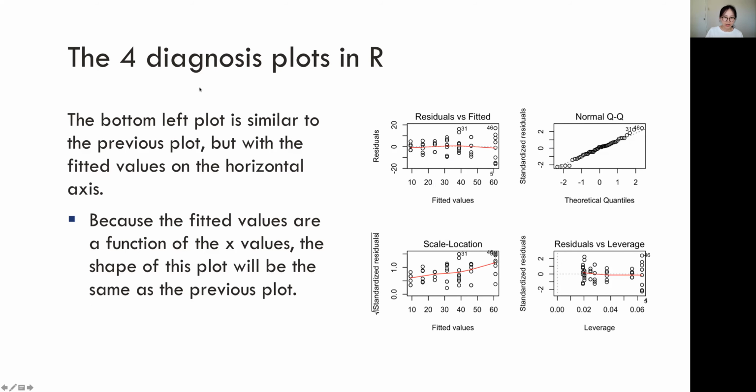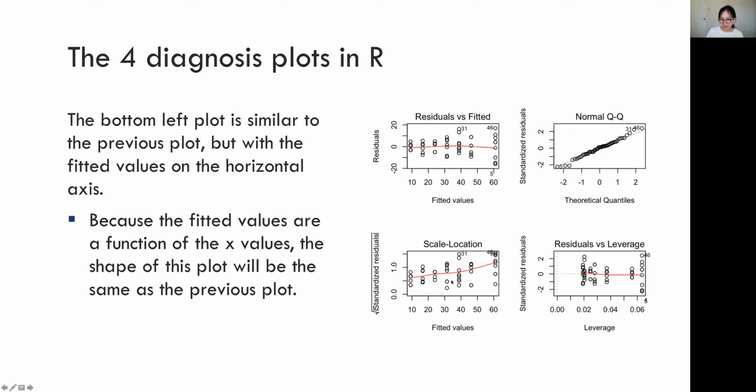Again, regarding the four diagnostic plots in R, you might be curious that if you plot these four diagnostic plots, the residuals and the standardized residuals look the same. But if you look at the y-axis, the vertical axis, the ranges are different.